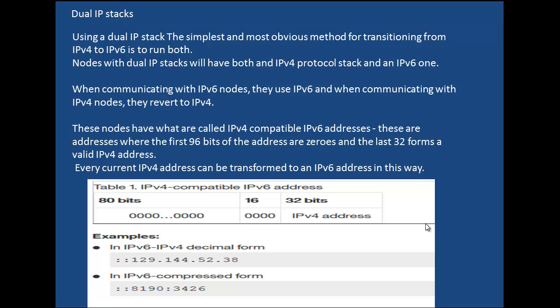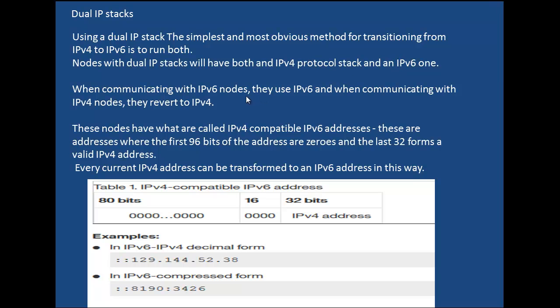Now, the simplest and the most obvious method for transitioning from the IP4 to the IP6 is to run both the IP4 protocol and the IP6 protocol on the same node. So we have what we call dual IP stacks, where you will have a system with both IP4 protocol and IP6 protocol.